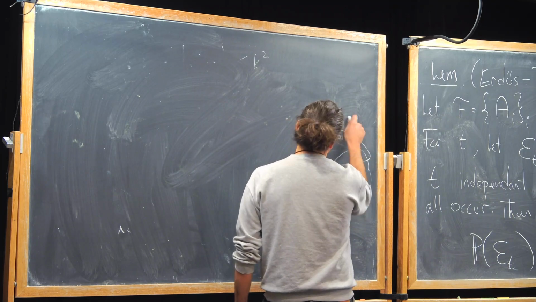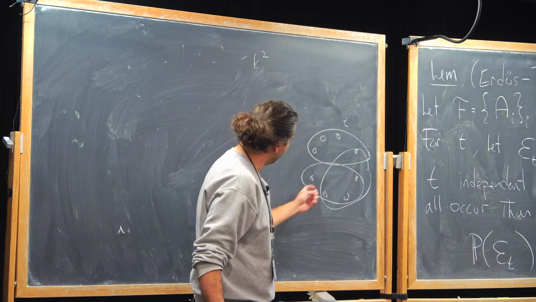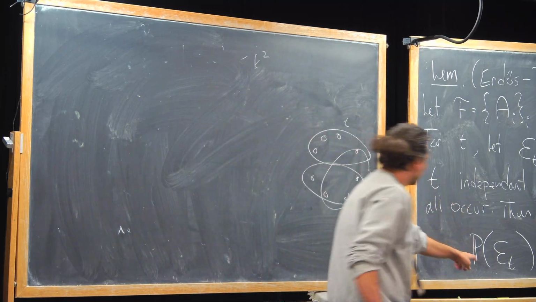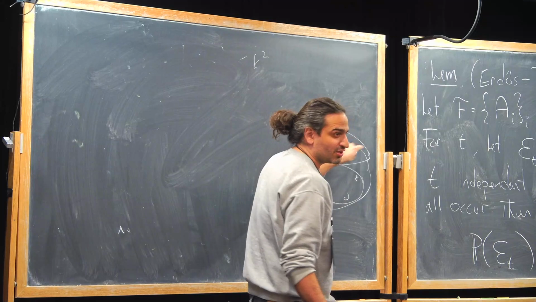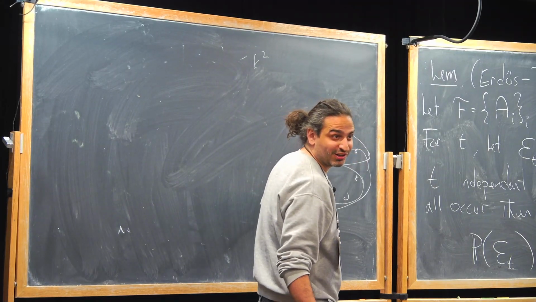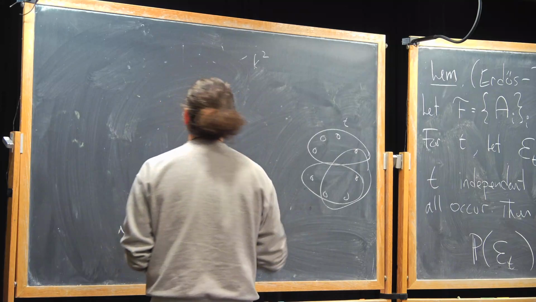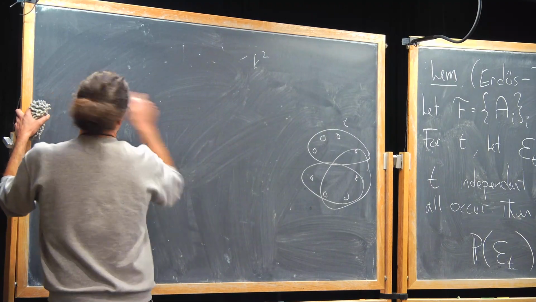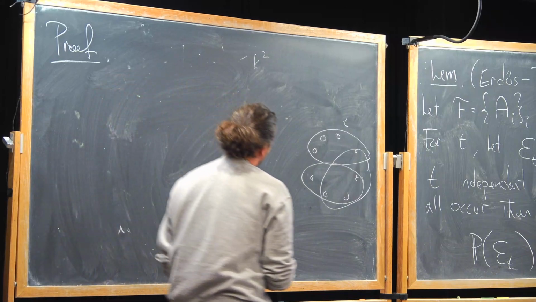They're not the same size. But for all tuples of these t independent events, this event here is just the event that one of these edges is completely filled, all these events occur. Okay, that's it. Great. So it's a lovely thing to prove, so let's just do it here.